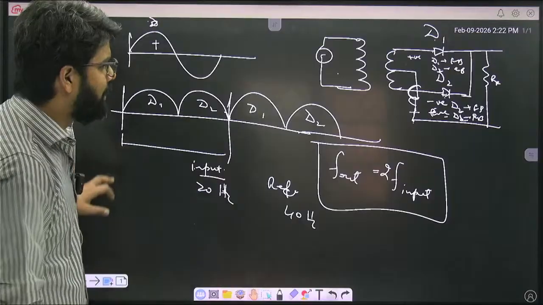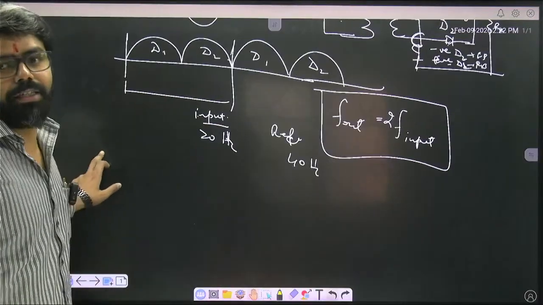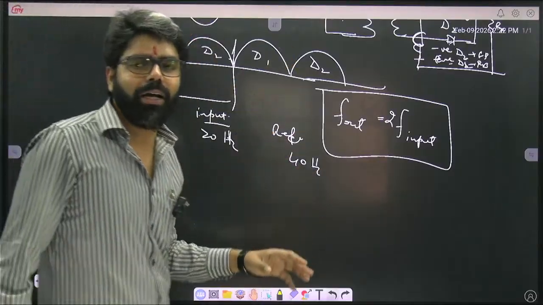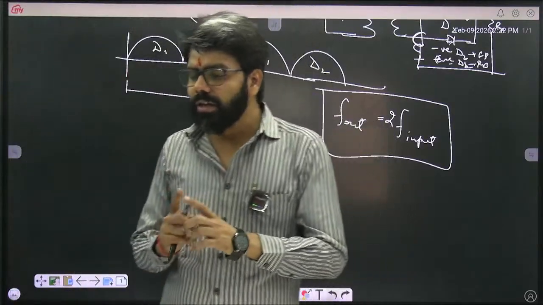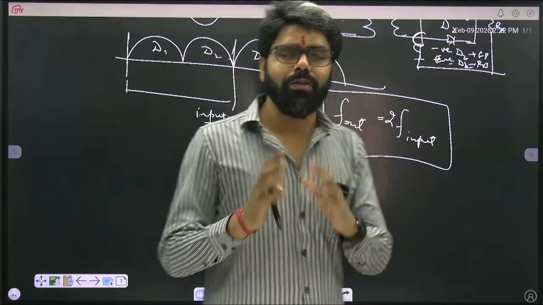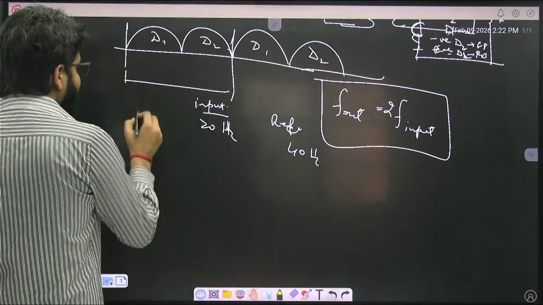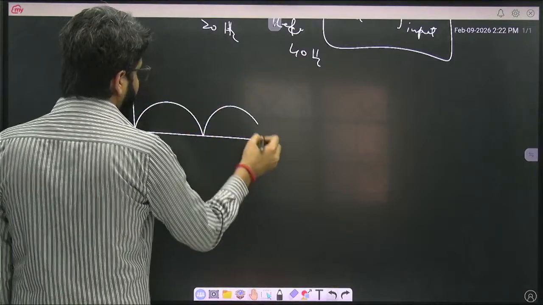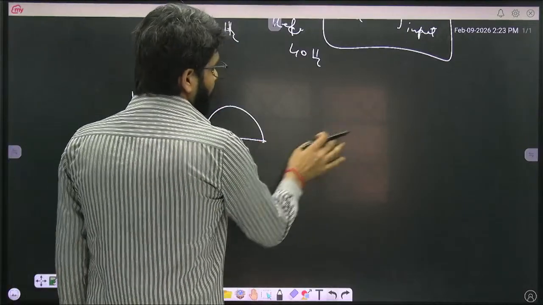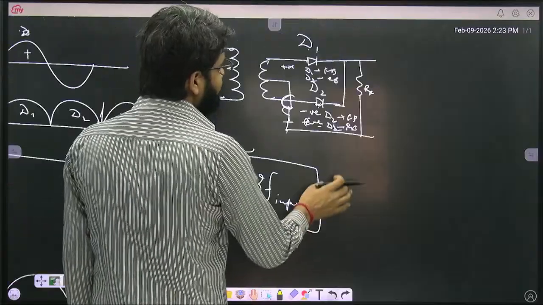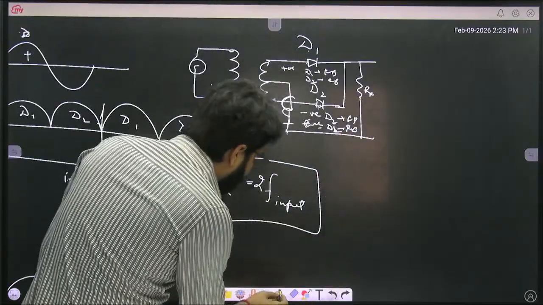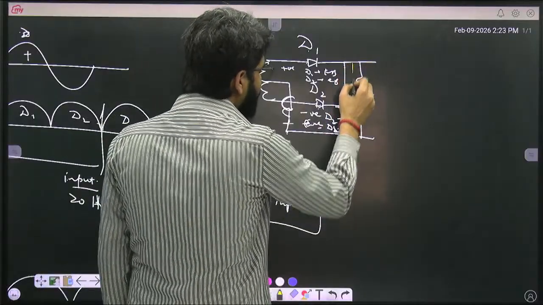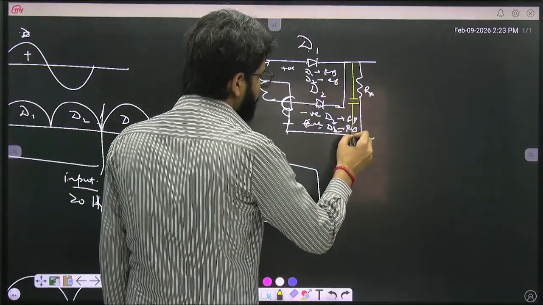Another thing is that we use a capacitor filter in the full wave rectifier. We use a capacitor filter to get a constant value of current. In the beginning, we see that the current is going like this, fluctuating. So we use a capacitor before the load.